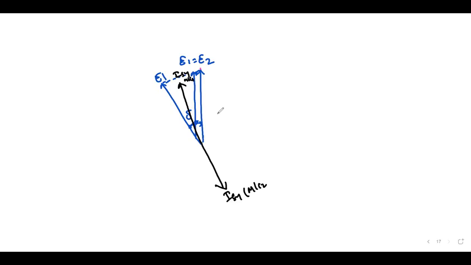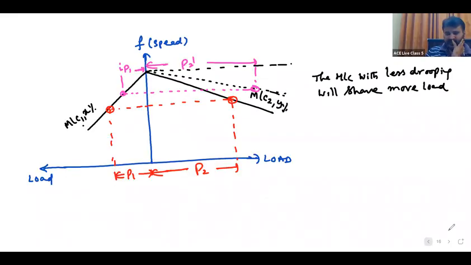Hello, sir. Here, you mentioned that when load increases, speed also reduces. Where? And the droop characteristics. As load is increasing, we are seeing the frequency of operation, or the speed, is reducing.